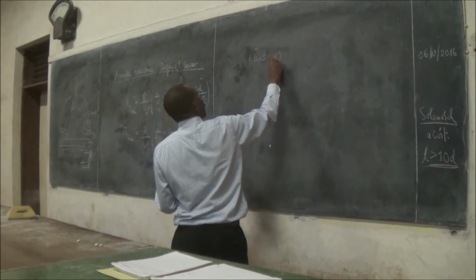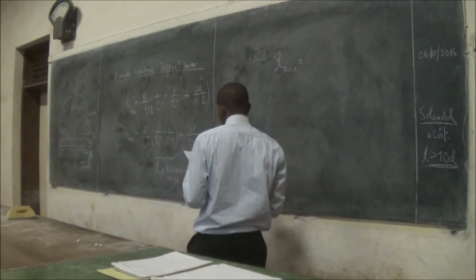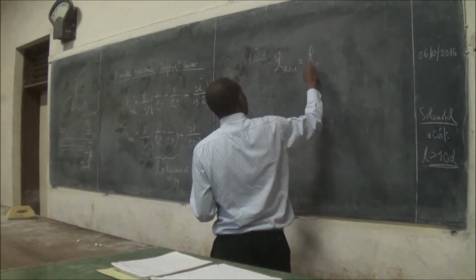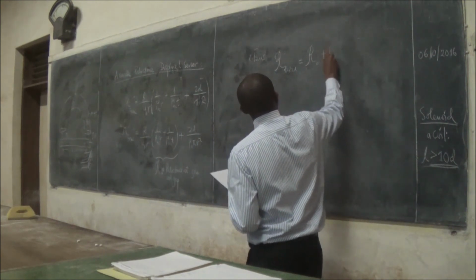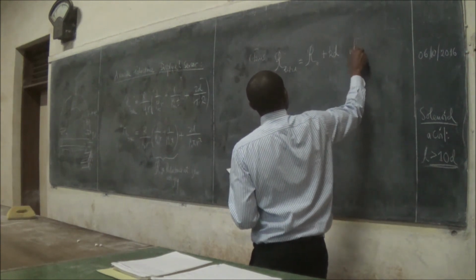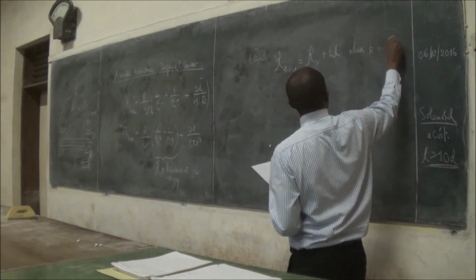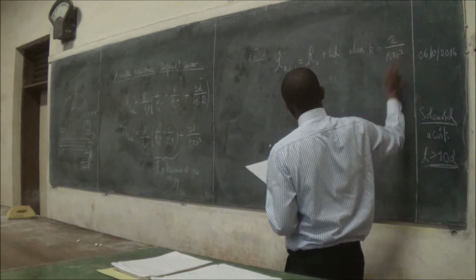Thus, our total reluctance will be equal to the reluctance at 0 air gap, plus KD, where K is the same as 2 over mu naught pi r squared.